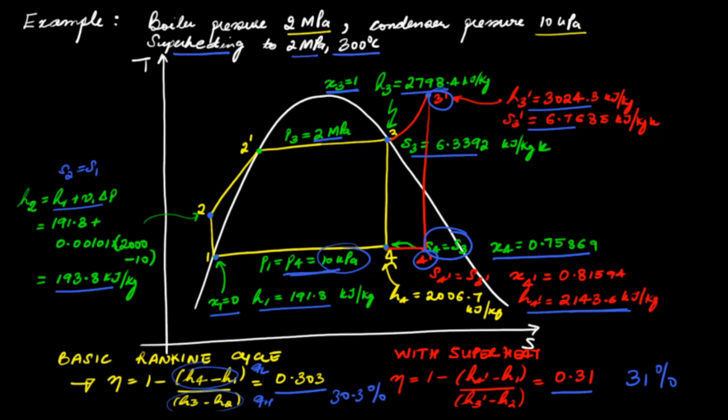Let's also compare this efficiency with the efficiency of a Carnot cycle between the same pressures, that is the boiler pressure and the condenser pressure.